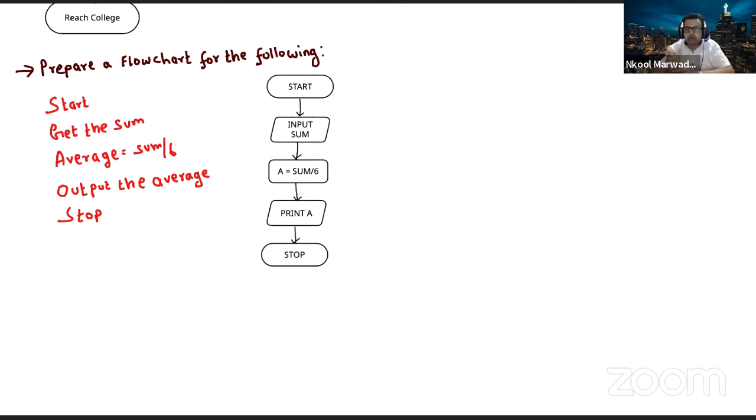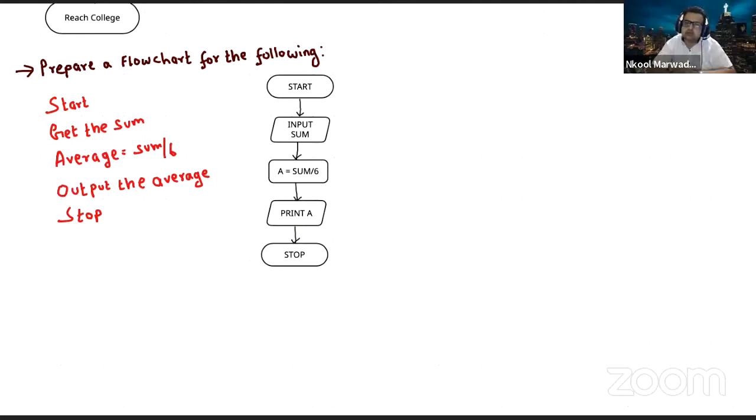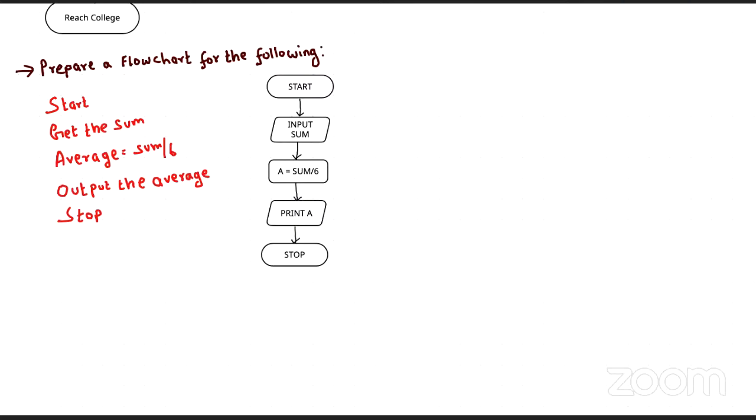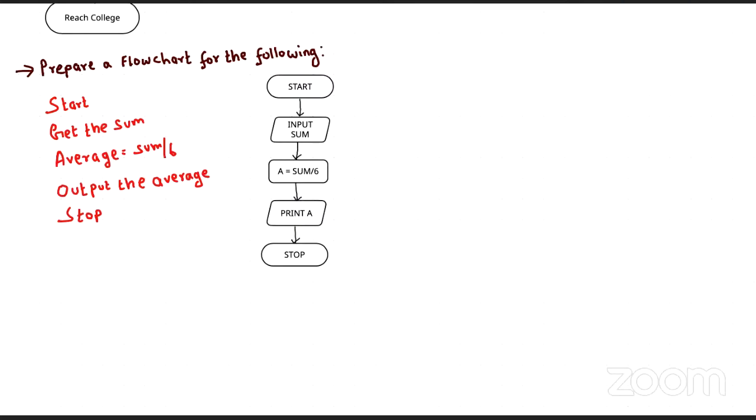For input, you have to, yeah. Sir, we need to take the elements also, right? Like the summation of 2 numbers or 3 numbers. So the numbers should be taken as an input. So that step is not here in the flowchart.